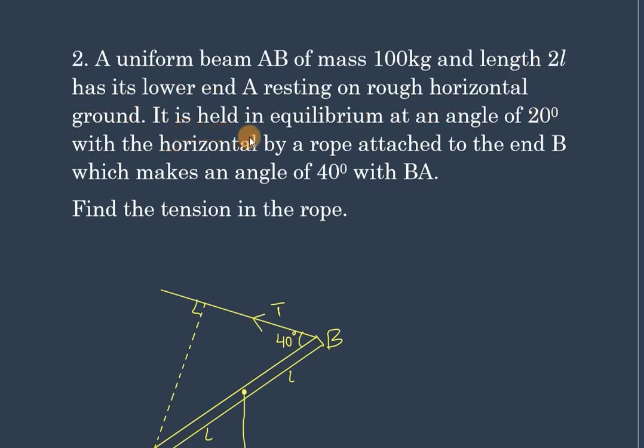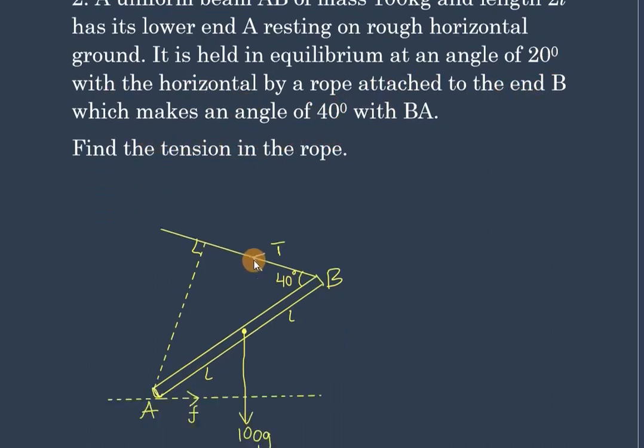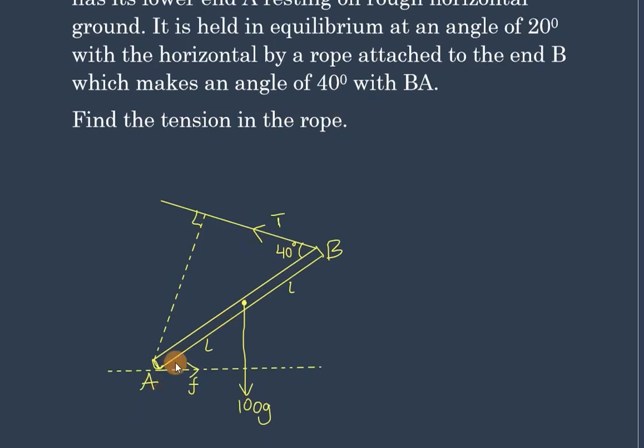It is held in equilibrium at an angle of 20 degrees with the horizontal by a rope attached to the end B, which makes an angle of 40 degrees with BA. This is the situation we have. This angle here is 20 degrees. I'm indicating a frictional force here because the ground is rough. There will be some friction in that direction.